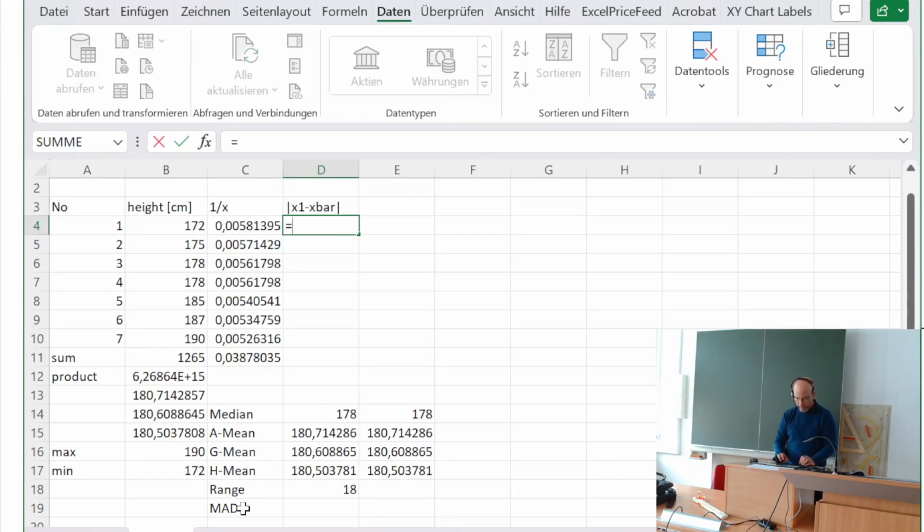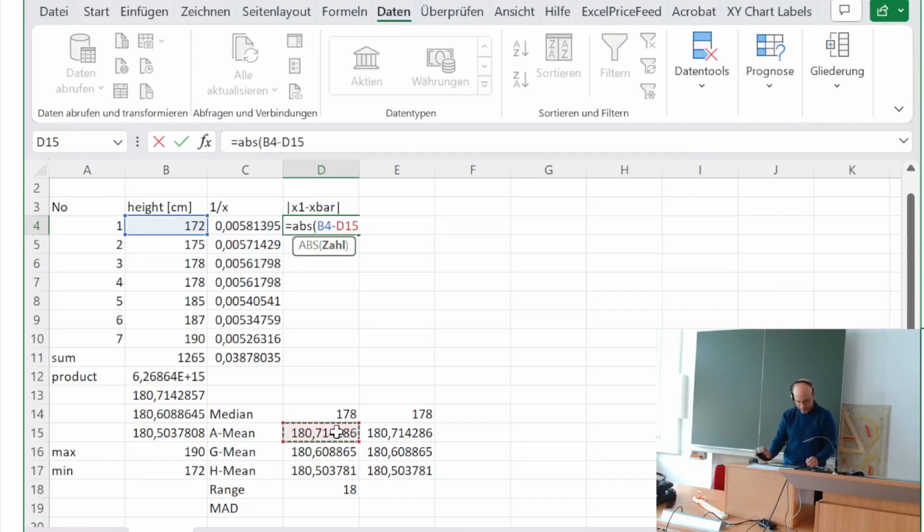So equals absolute value of our number minus the arithmetic mean. This was this. And since we want to calculate every number relative to this, we have to fix this number.